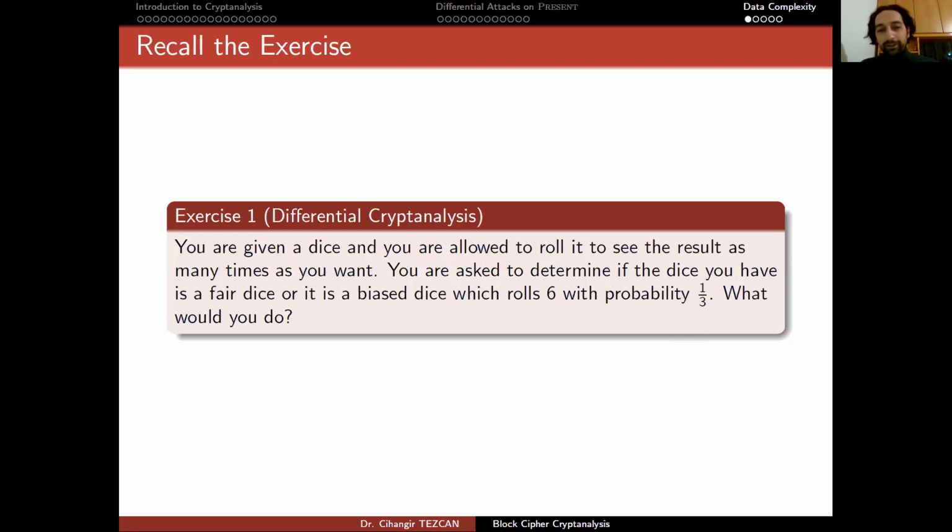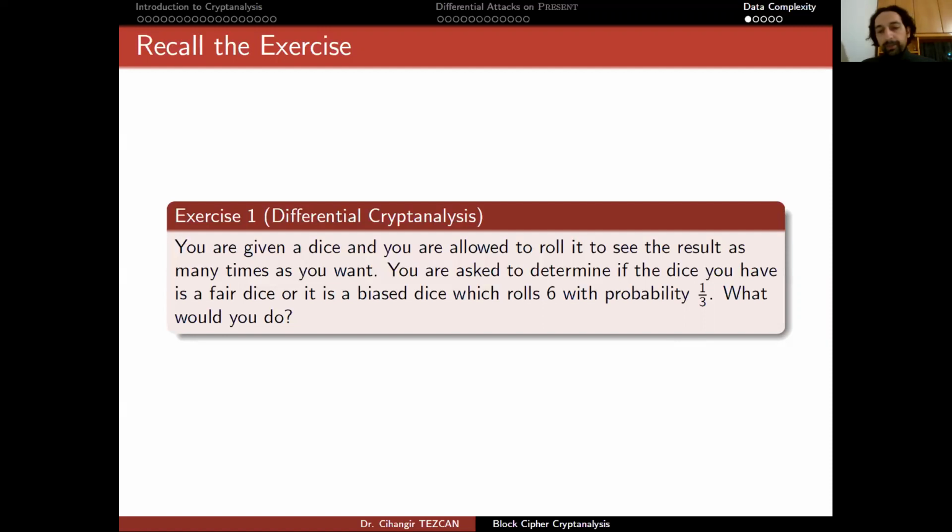But the problem is that you cannot roll a dice 6 million times. You wouldn't have the energy or the time. Also, if you think about this in a distinguishing attack, rolling the dice 6 million times means you're performing an encryption operation or checking some property 6 million times, which requires computational power.